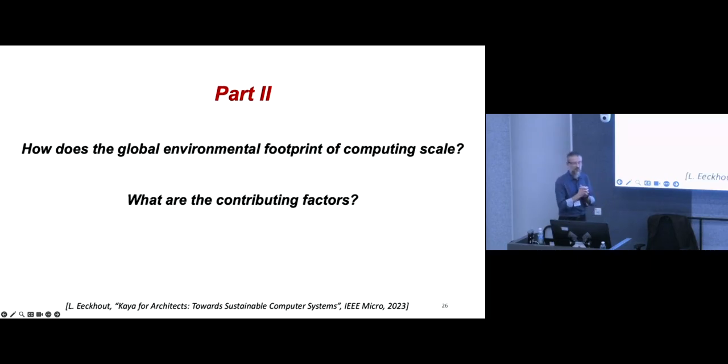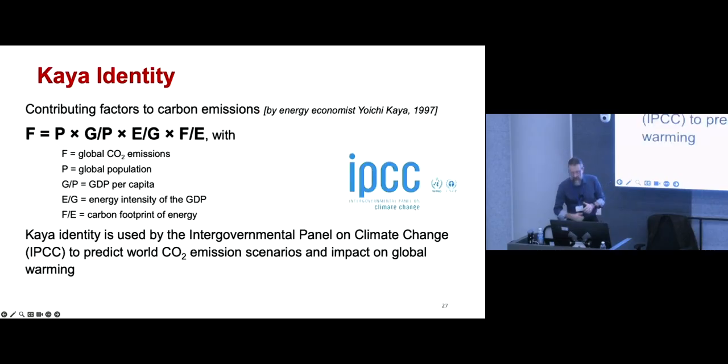Okay, so hopefully I've convinced you now what the challenges are. So what are the contributing factors when it comes to computing? The first time I thought about this was when I was teaching this course on sustainable computing at Ghent University. I came across the Kaya identity, and I thought about ways to use this very simple but very insightful identity to reason about what the impact is of computing.